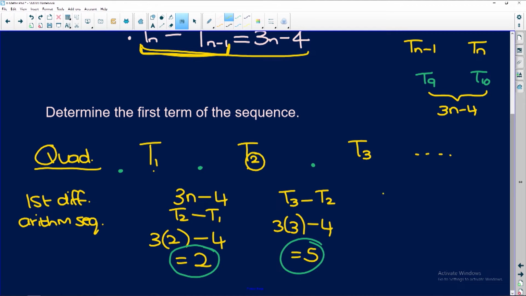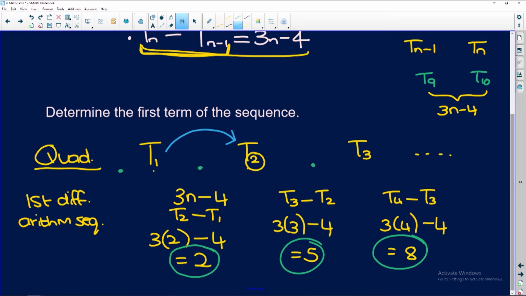If I go to term 4 minus term 3, I'm going to get 3 multiplied by 4 minus 4, which is 12 minus 4, which is 8. So if I go from term 1 to term 2, I'm adding 2. From term 2 to term 3, I'm adding 5. From term 3 to term 4, I'm adding 8, and so on, okay?